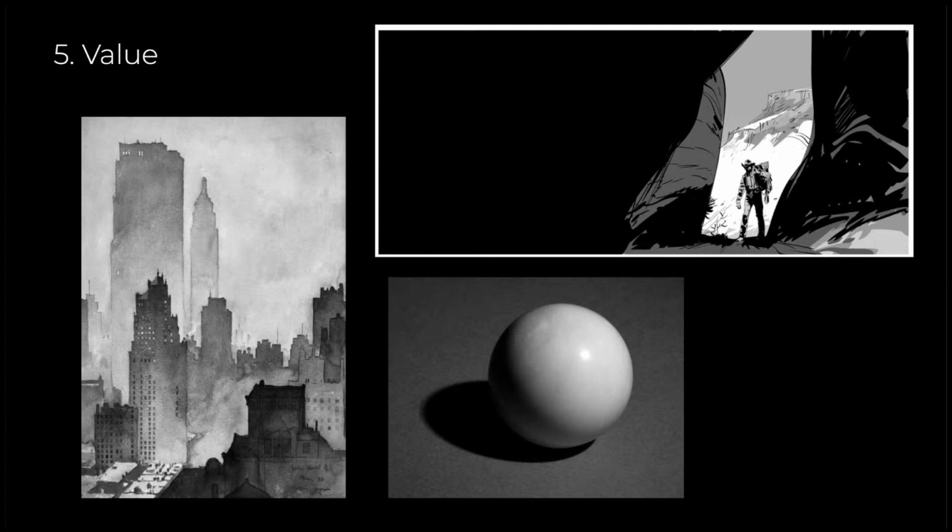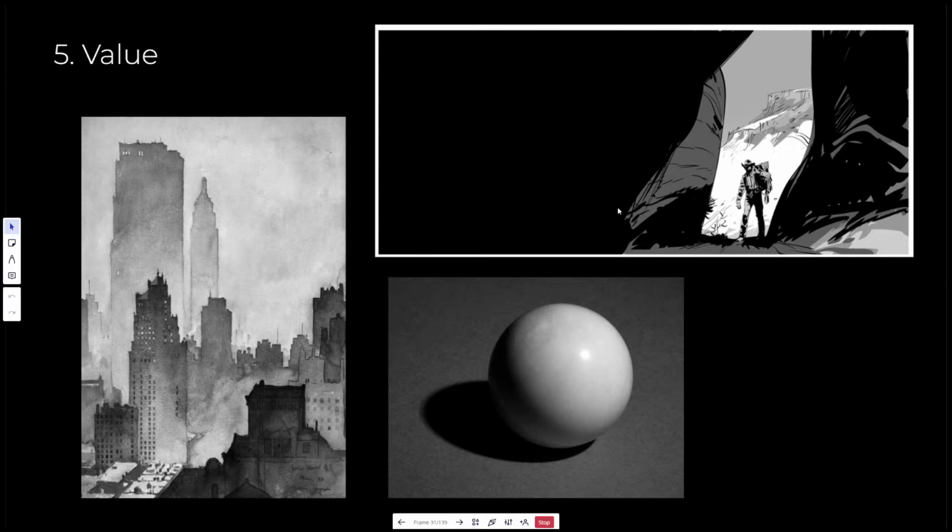Okay, so we're going to look at value, and I just want to preface by saying this is far too short of a lecture for me to teach you what is good values and what is good colors and what is good lines and all those things, and what to do in the right place, etc. I'm just highlighting the different aspects of these design things, and building a foundation to hopefully build upon.